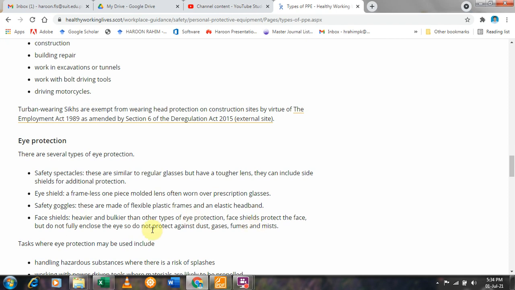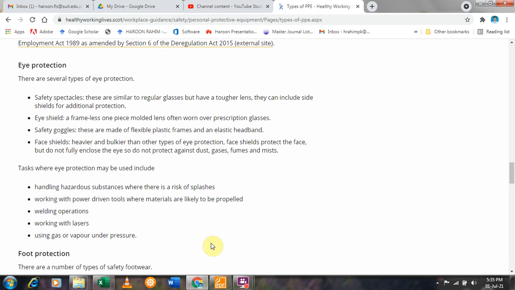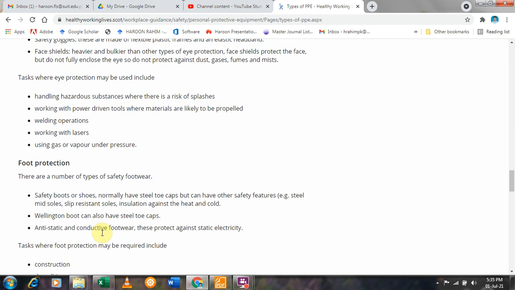Face shields protect the face but don't fully enclose the eye, so they don't protect against dust, gases, fumes and mists. Tasks where eye protection may be used include handling hazardous substances where there is a risk of splashes, working with power driven tools or machines where materials are likely to be propelled, welding operations, working with lasers, using gas or vapor under pressure.